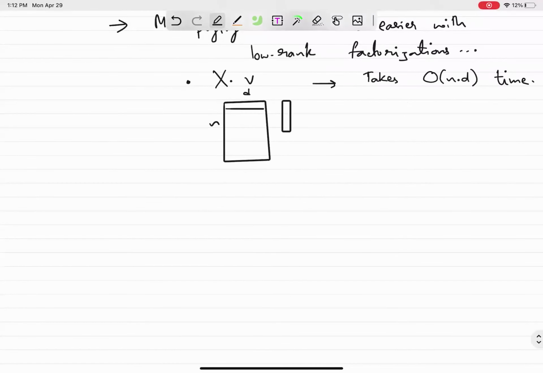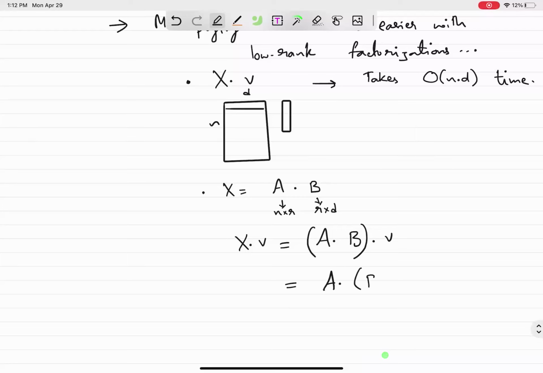Whereas if X is A times B, where A is n by R and B is R by d, and I ask you to multiply X times v, what would you do? Would you first multiply A and B and then multiply with v? I can think of it that way, but the better way is to do A times B times v, because these are smaller vectors and matrices.